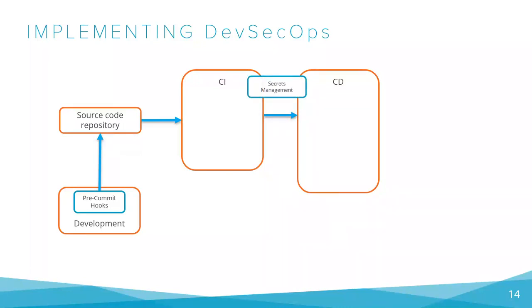Similarly, we can have secrets management. It's nothing but where you can manage secrets. These days, we have infrastructure as code. There are many configurations and sensitive information, such as credentials, being passed in your code. So we can use secrets management to manage credentials instead of just passing those in the configuration files.